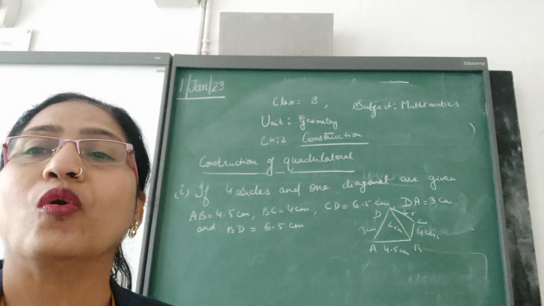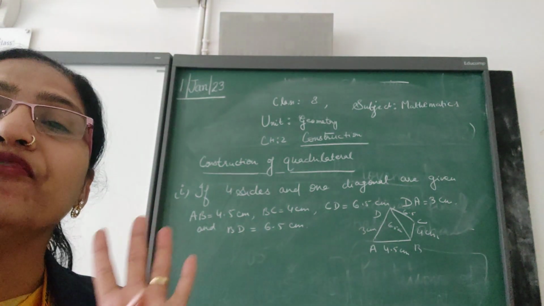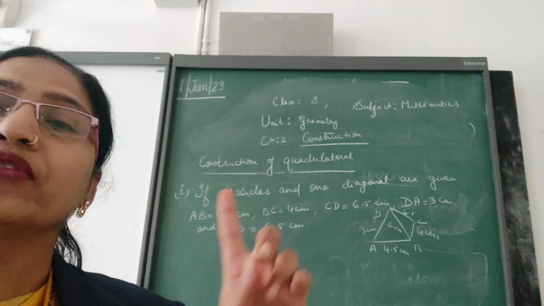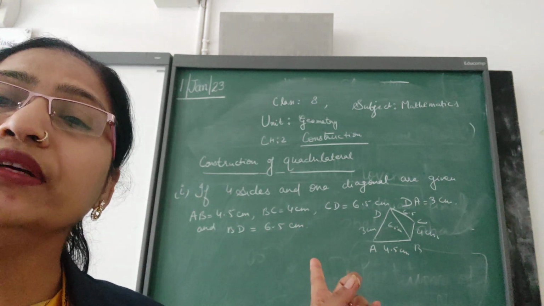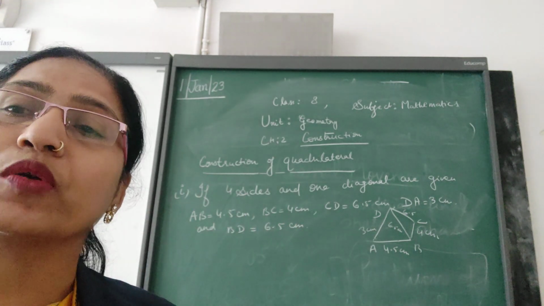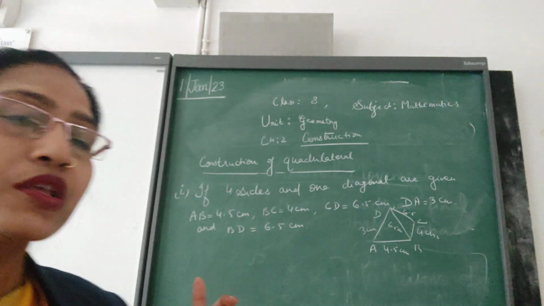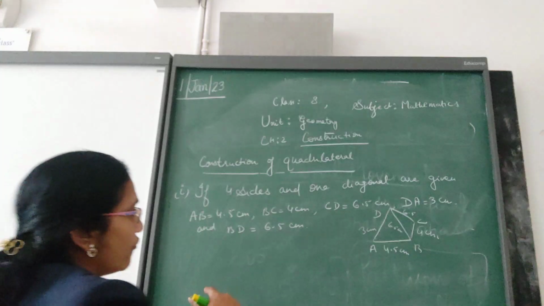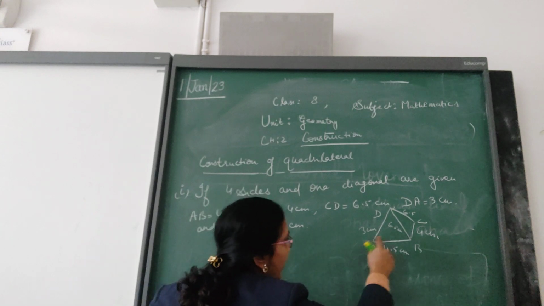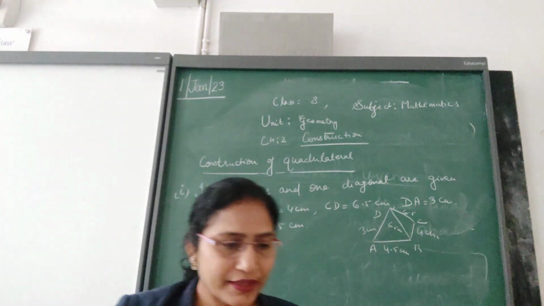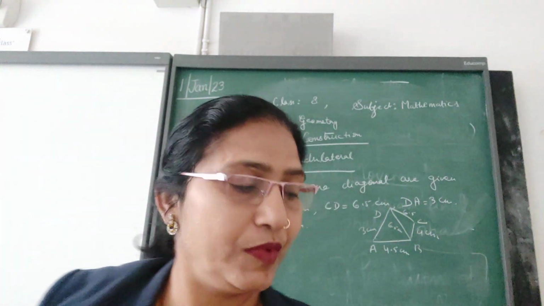So now we know in this only 4 sides of the quadrilateral are given and 1 diagonal is given. So how to do it? First of all, draw AB with the help of the scale.